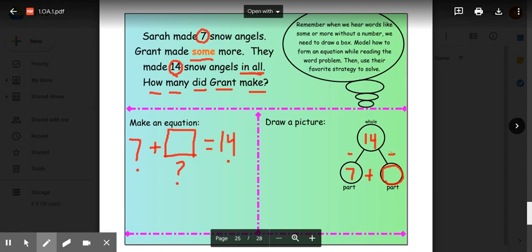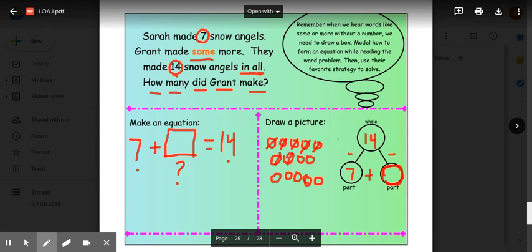So now I want you to pause the video and draw a picture to match 14 minus 7 so you can get your missing part. Ready? Pause. All right, I have 14 circles drawn out. Now I'm going to take 7 away. 1, 2, 3, 4, 5, 6, 7.